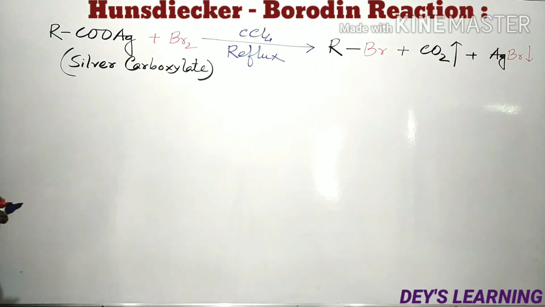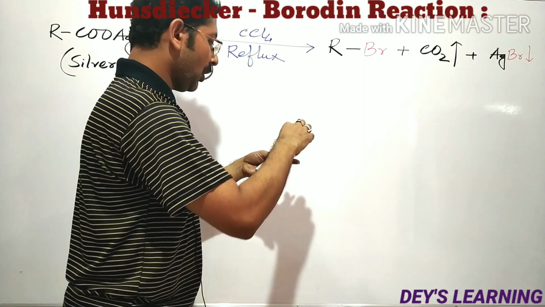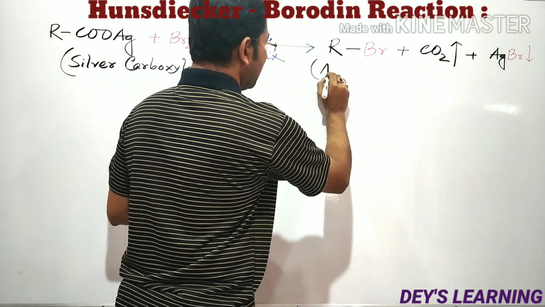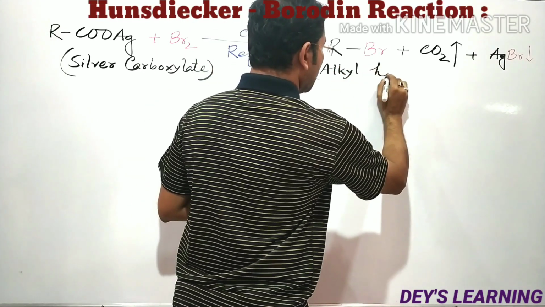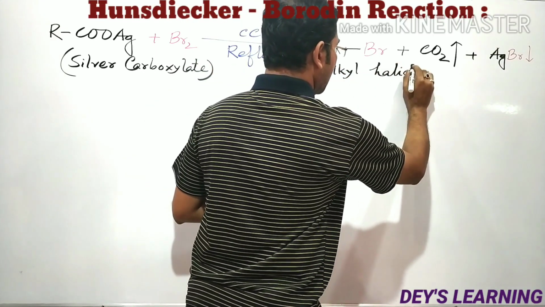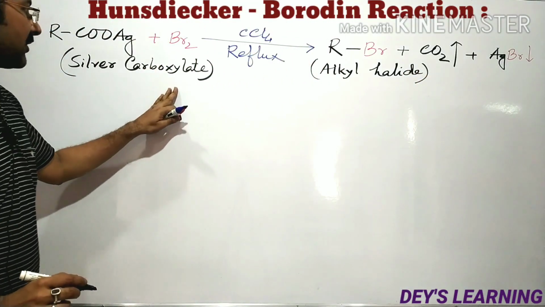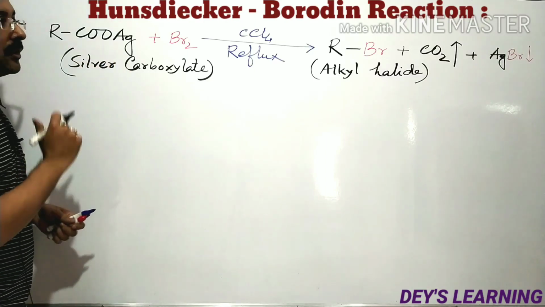So this is the method of preparation of alkyl bromide, or alkyl halide, from a silver carboxylate, that is a silver salt of carboxylic acid.